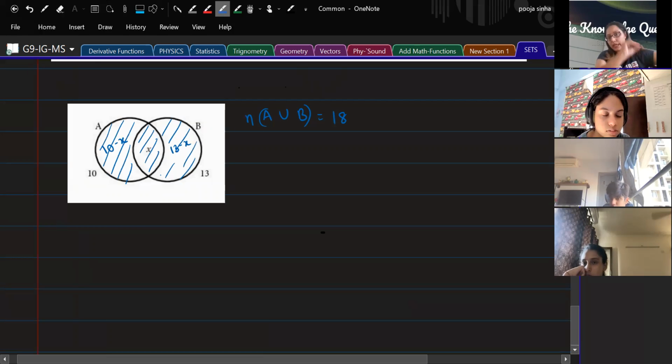Yeah, because that's what union means. So 10 minus x is one part, plus x is the intersection part, and 13 minus x is the part which is in B, not in the intersection. That should be equal to 18. So add up all of this and get the value of x.